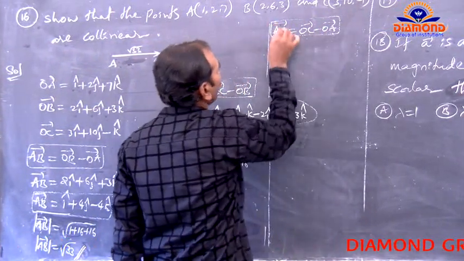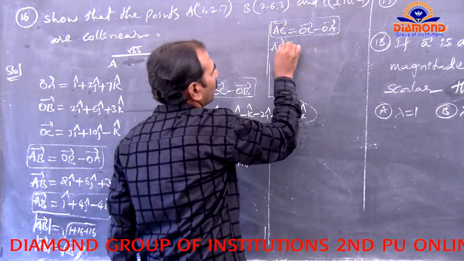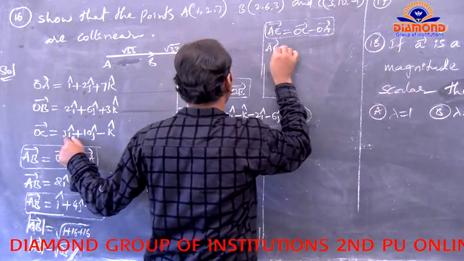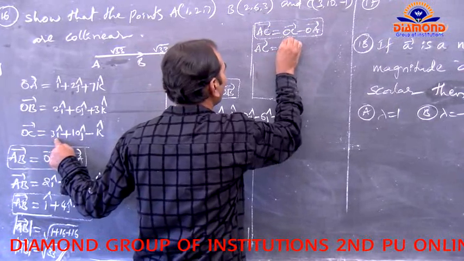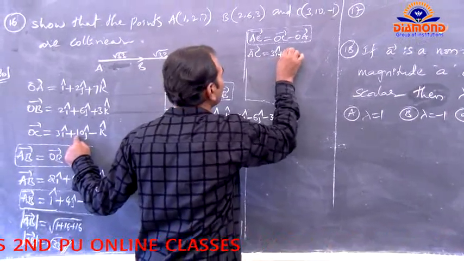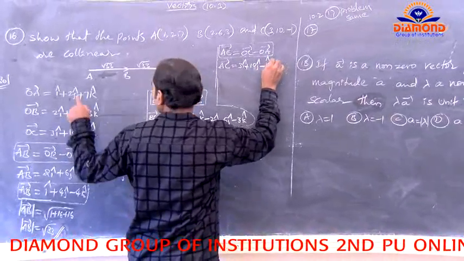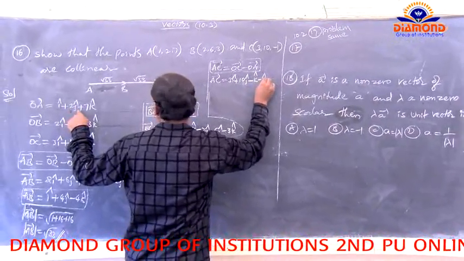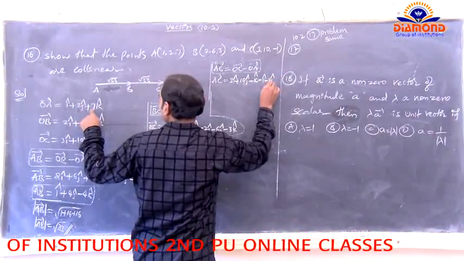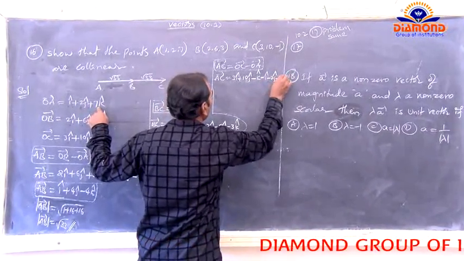This is the formula based on the triangle. AC bar equal to 3I cap plus 10j cap minus k cap minus I cap minus 2j cap minus 7k cap.